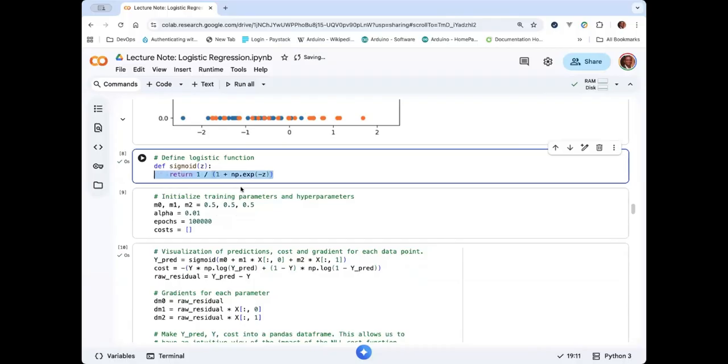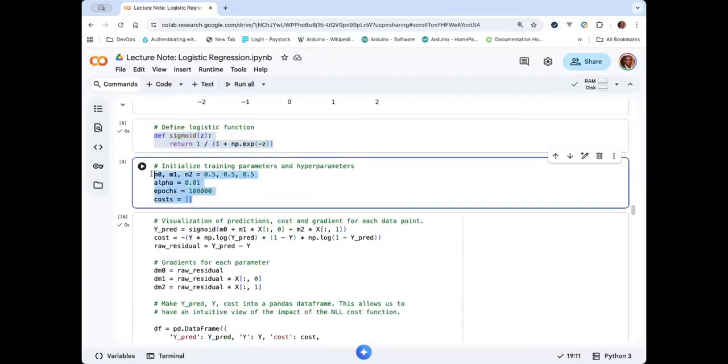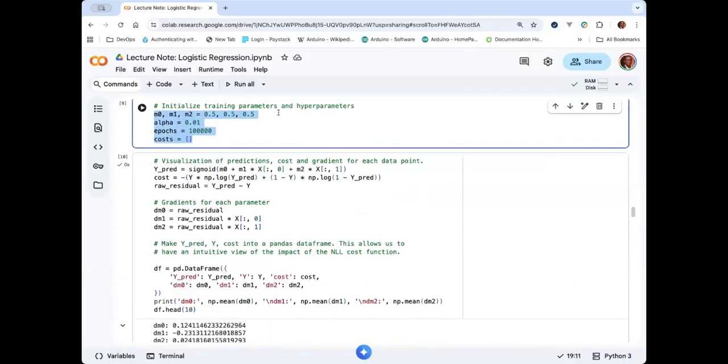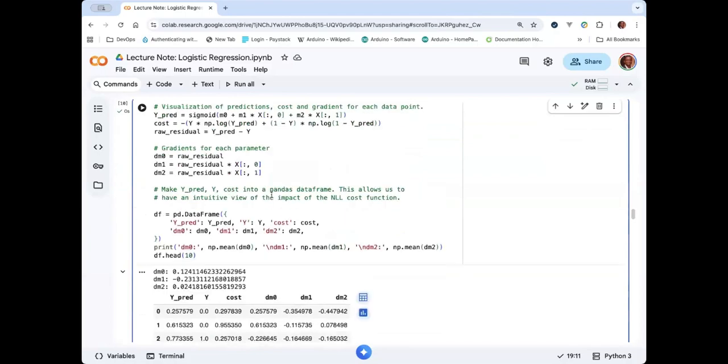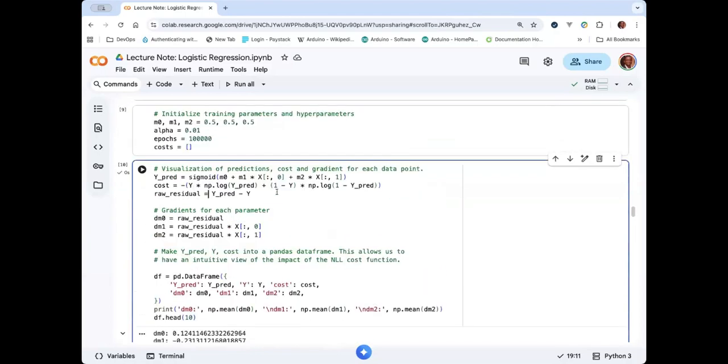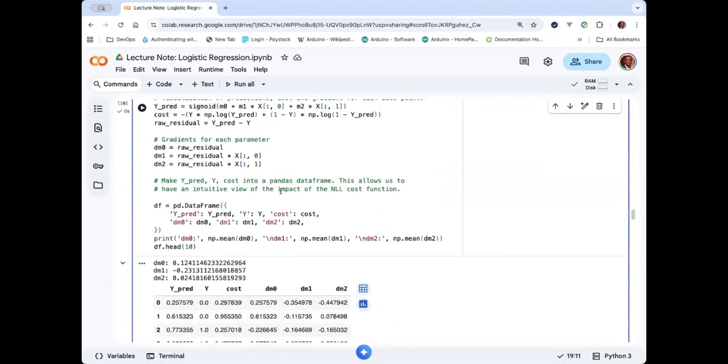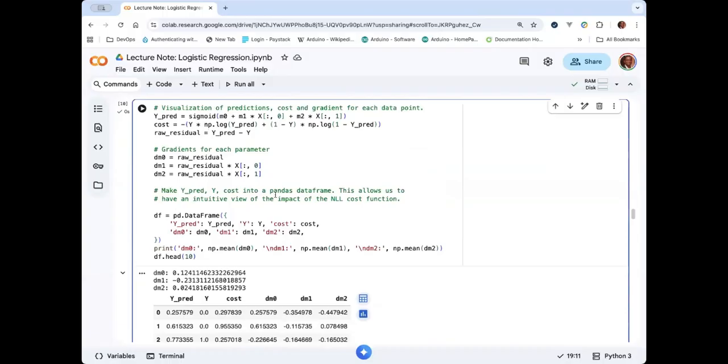So this is the sigmoid function. These are the hyperparameters and the parameters. Then you do a little bit of visualization of the data. So here is me doing just a single prediction to see how it looks. We do a single prediction, which is the sigmoid of the linear combination of the parameters.